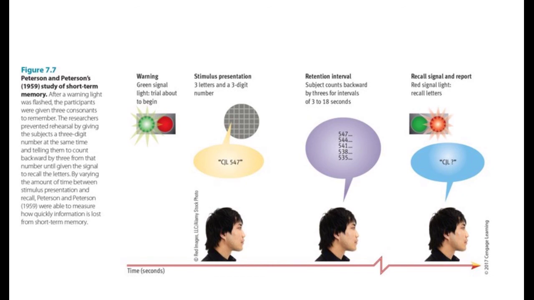The researchers prevented rehearsal by giving the subject a 3-digit number at the same time and telling them to count backward by 3 from that number until given the signal to recall the letters. By varying the amount of time between stimulus presentation and recall, Peterson was able to measure how quickly information is lost from short-term memory.